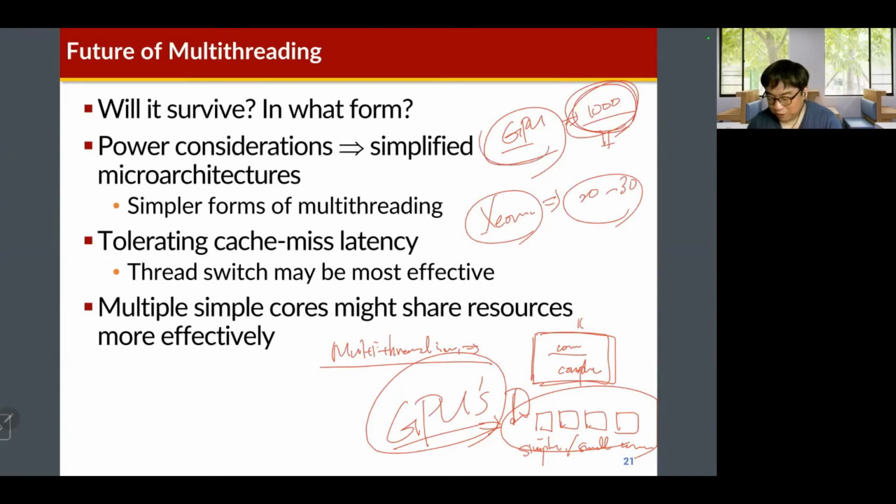Because a GPU includes very small and simple cores, but Xeon includes very complex and big cores. That's why Xeon includes only 20 to 30 cores, and Xeon is also very expensive. GPUs are also very expensive recently, but a GPU includes lots of small cores.